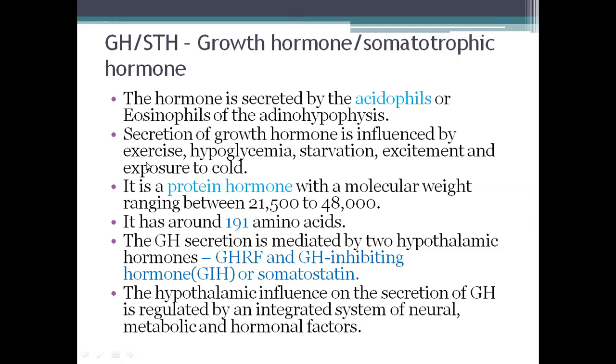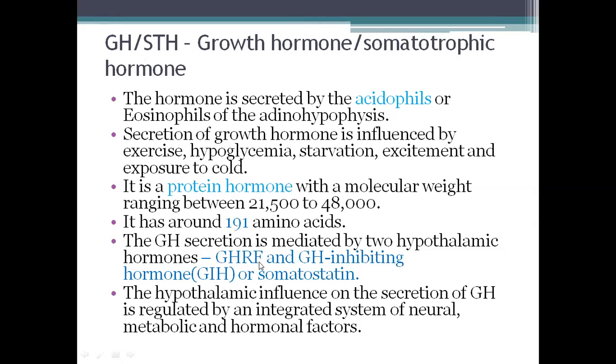The physiological conditions are exercise, hypoglycemia, starvation, excitement, and exposure to cold. Under these conditions, the hypothalamus is stimulated to produce GHRH, growth hormone releasing hormone. It acts on the anterior pituitary acidophils, releasing growth hormone.